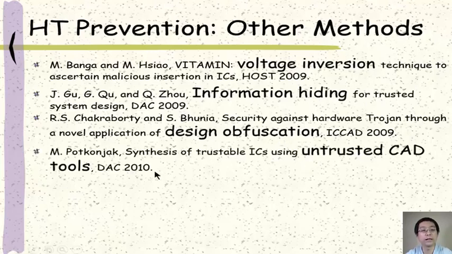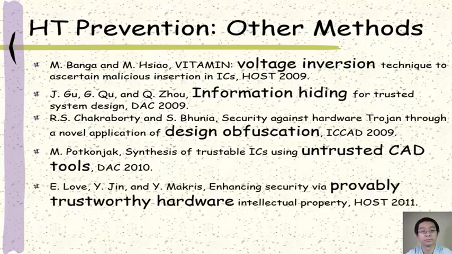In 2010, Pochniak proposed methods to build trusted circuits using untrusted CAD tools. This is a very interesting approach, in particular considering the fact that most of the CAD tools will be considered untrusted. So this is a very interesting and very important topic.